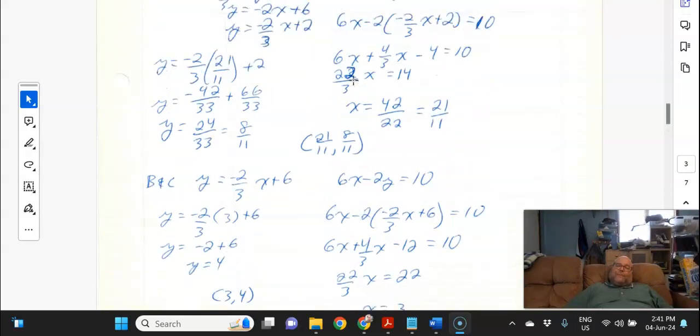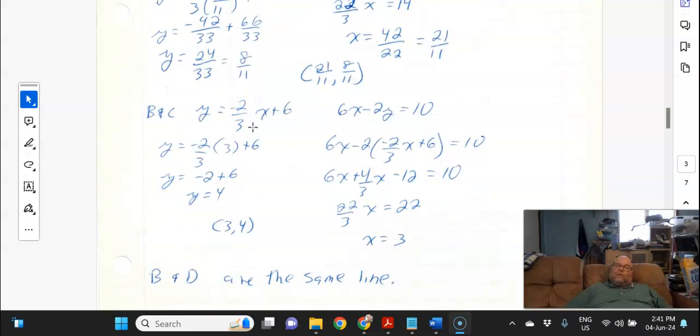B and C, we have y equals negative 2/3 x plus 6, and 6x minus 2y equals 10. So we can substitute this y in for our y. So we get 4/3 x minus 12 plus 6x equals 10. 22/3 x equals 22. Multiply both sides by 3, divide both sides by 22, we get x equals 3.